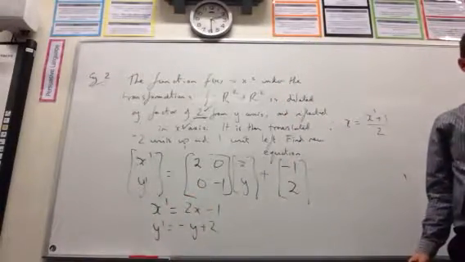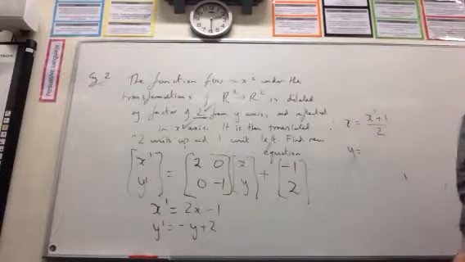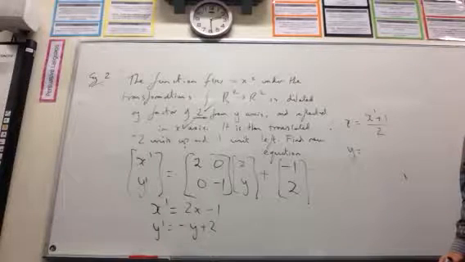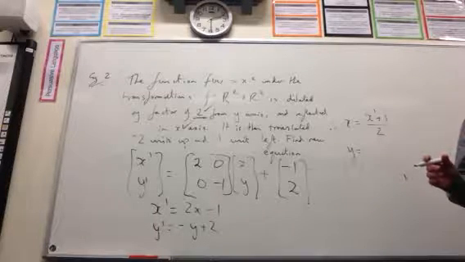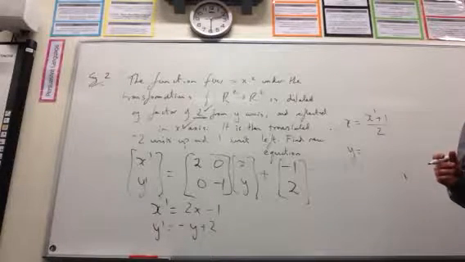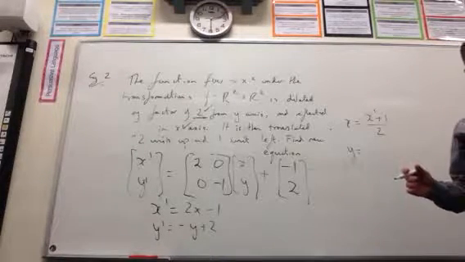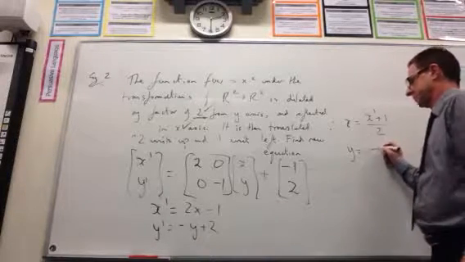Check. y equals, so is it y minus 2, 2 minus y? Negative y dash plus 2. Negative y plus 2. Negative y dash plus 2. Negative minus 2. Minus 2.